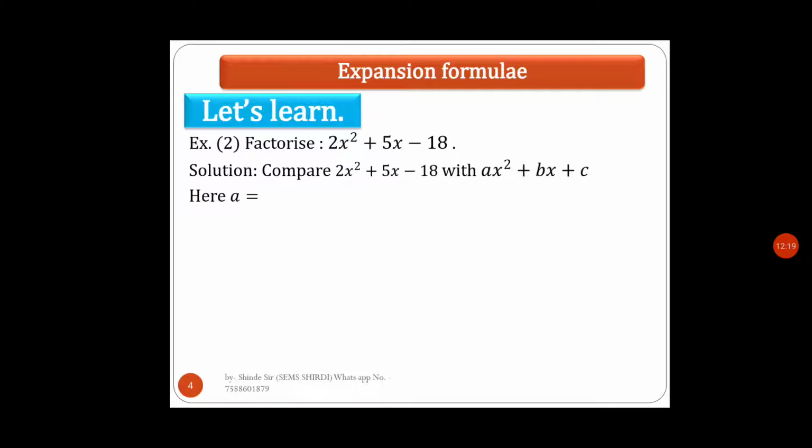Example 2: factorize 2x square plus 5x minus 18. Again the same procedure. We compare 2x square plus 5x minus 18 with ax square plus bx plus c. Here the value of a is 2, b is 5 and c is minus 18.